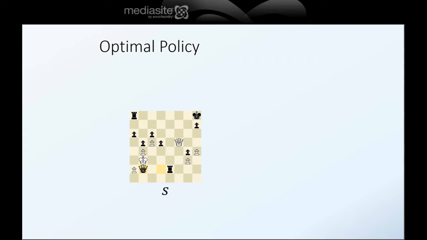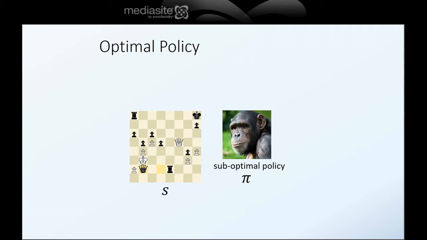Now let's look at it a little further. So we have a state S, which is a board configuration for chess. Now we have one gentleman here who plays a very suboptimal policy pi. It's nowhere close to optimal. He's not a very good chess player. What's the value of this state for him?